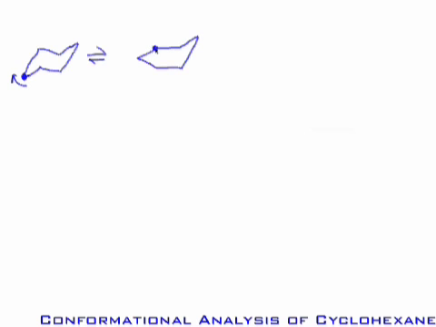So if I show dots for my carbons, this one's untouched. I've raised this carbon. In fact, I'm going to use a different color for that carbon. That might be a good idea. So I'm moving this one. The first thing that happens is I go from a chair conformer to a half chair.